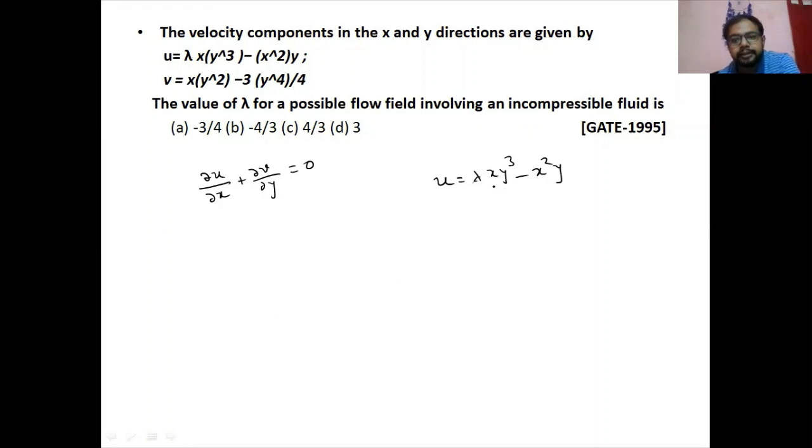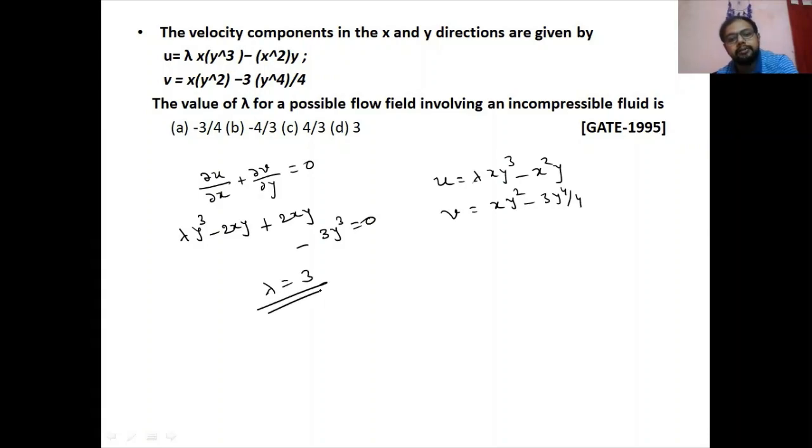So du dx will be lambda y cube minus 2xy. And v is given here, xy square minus y cube plus dv, so 2xy minus 3y square. So lambda is equal to 3.